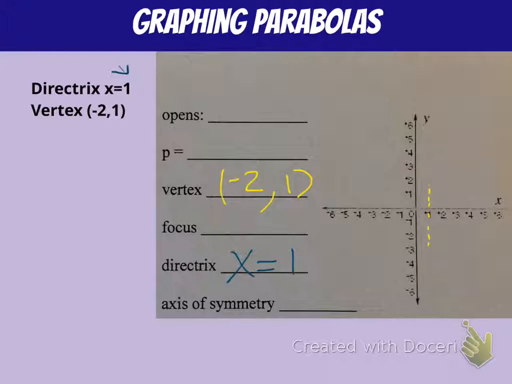So I go to -2, 1, which means back 2 and up 1. So I now know if my vertex is here and my directrix is over there, there's lots of information. So I know that it's going to be a parabola, and that parabola is going to, in fact, open in this direction, and it passes through the vertex.